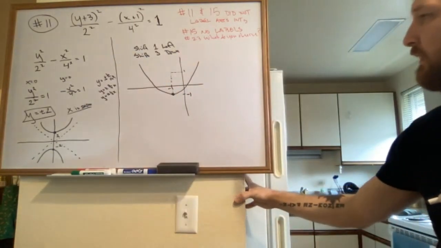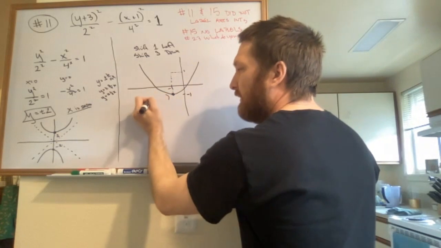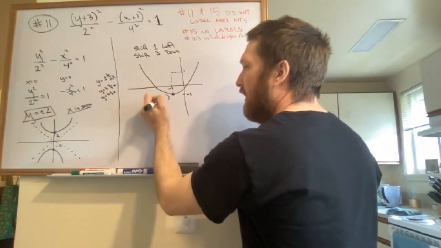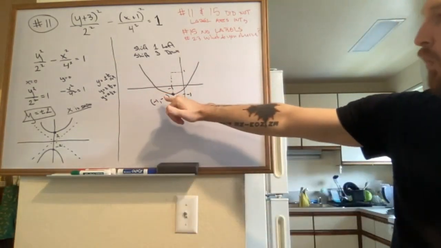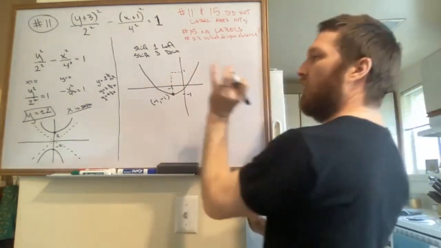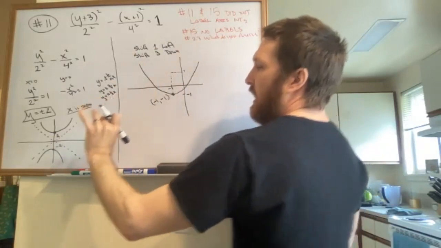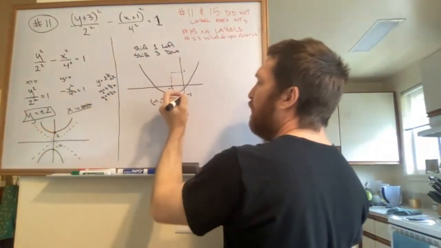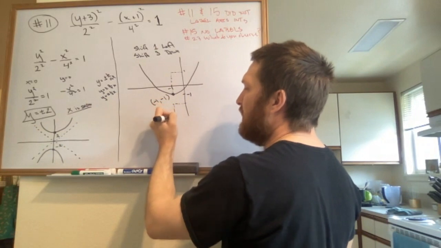In fact, just to be clear here, I'm going to label this point like this. In other words, when x is equal to -1, y is equal to -1. The other one then we could realize as the thing which we start at -2, we bring it over 1 unit and down 3 units.